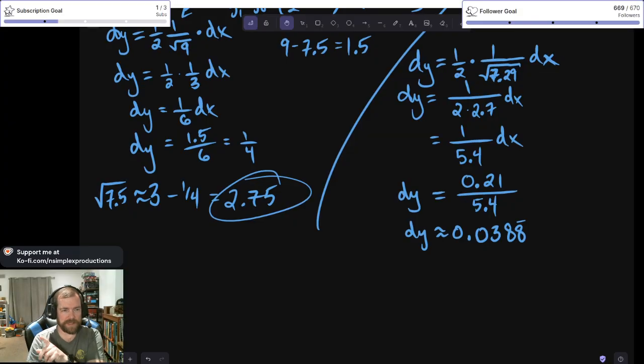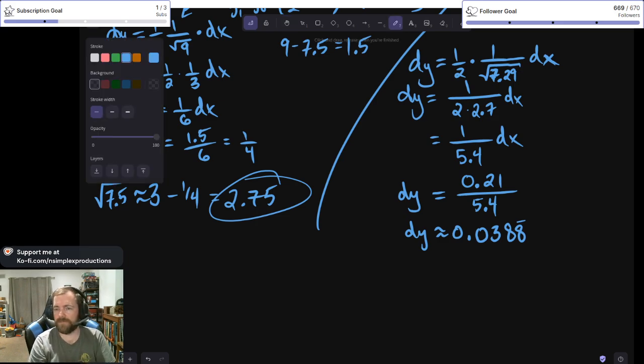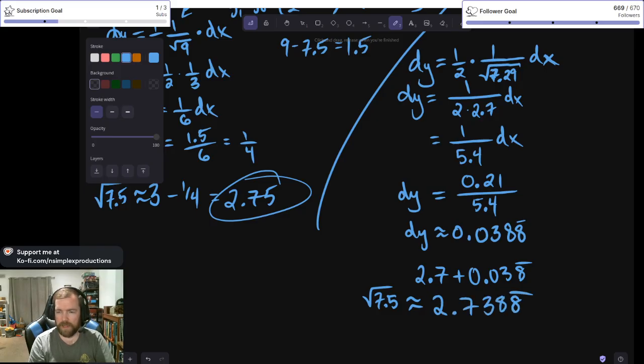So here, again, same deal. This time we have to go up from 2.7. So 2.7 plus 0.03 with 8s repeated is going to be the square root of 7.5 approximated by 2.7388 repeated.